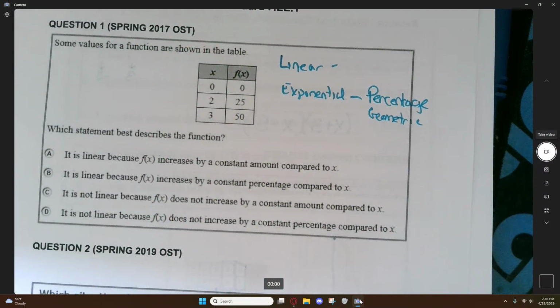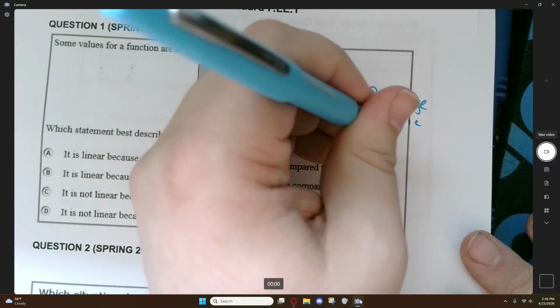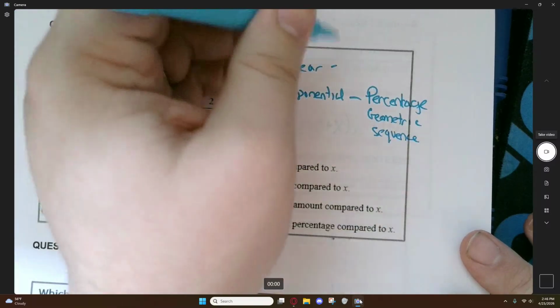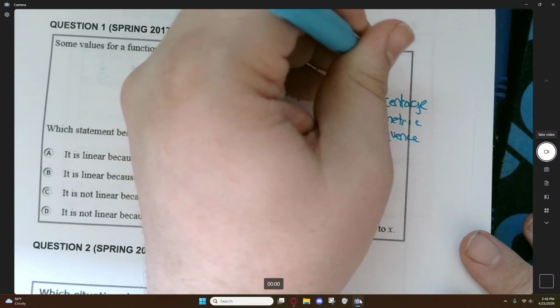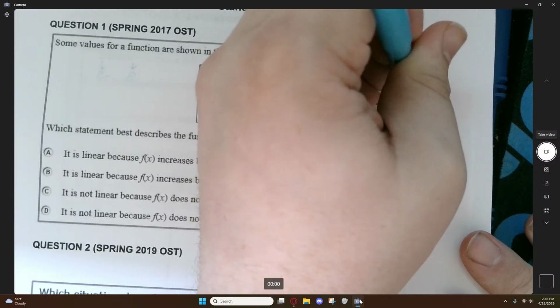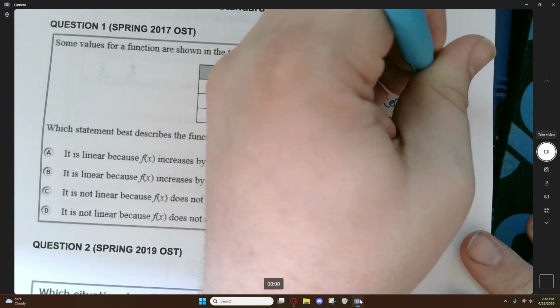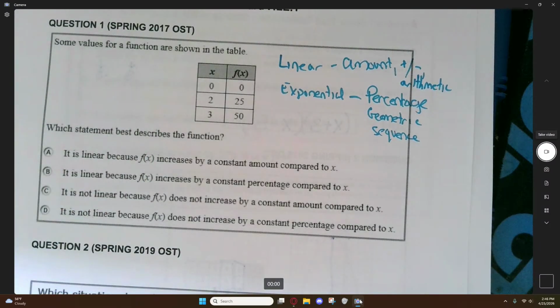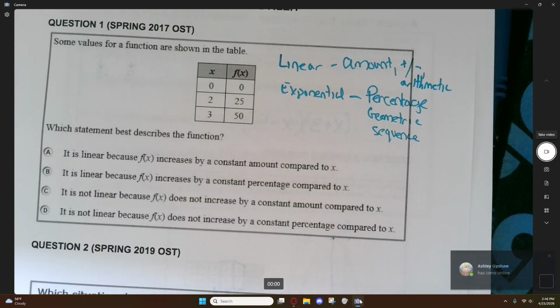A geometric sequence goes up exponentially, okay? Linear is by a constant amount. By adding or subtracting, think of it like arithmetic sequences, okay? If you can relate linear to arithmetic and exponential to geometric, then that's a way that you can do that.